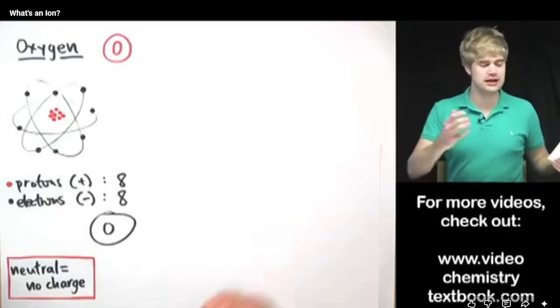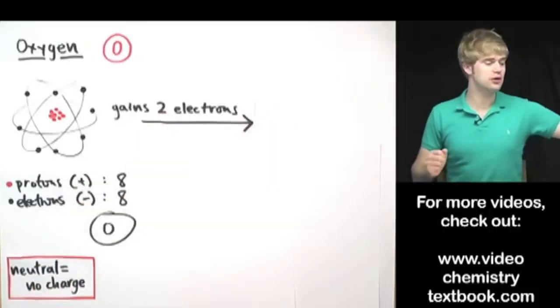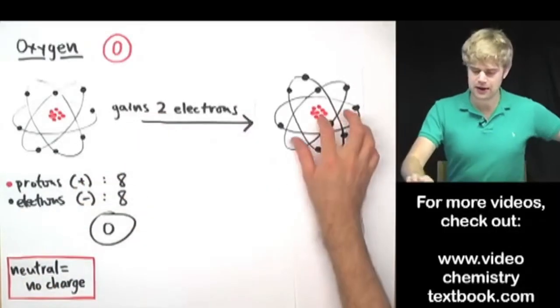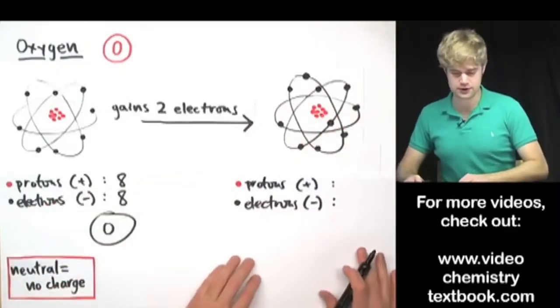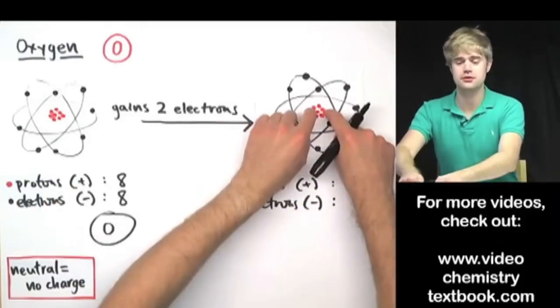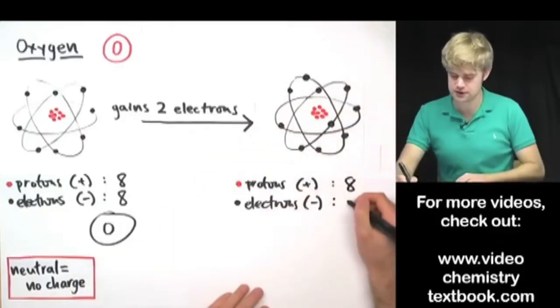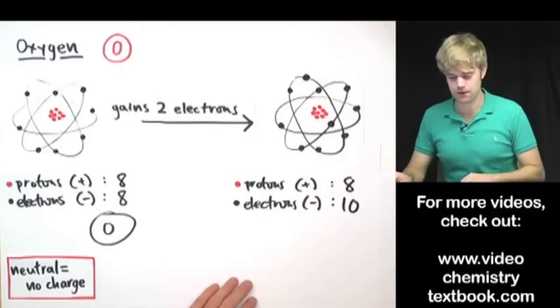But oxygen can gain or lose electrons, and it really likes to gain 2 electrons. Here's a picture of the oxygen atom after it's gained 2 electrons. It still has 8 protons in the nucleus, and if I count up these electrons, it now has 10 electrons instead of the 8 it had before.